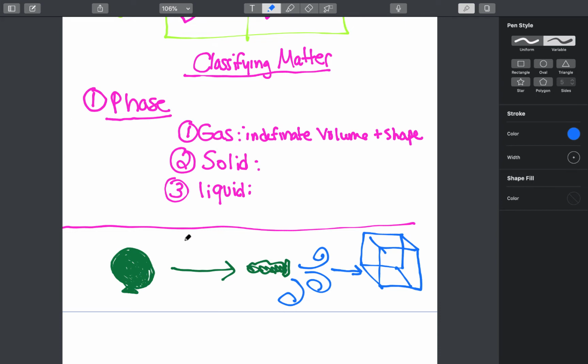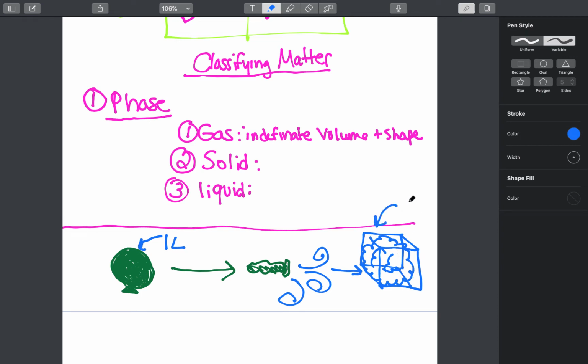So let's say that this balloon here had a volume of around 1 liter. In the balloon, the gas occupies 1 liter and has a spherical shape. However, if we let that gas into the box, the gas expands throughout the whole space, and the gas will actually occupy the entire volume of the container.